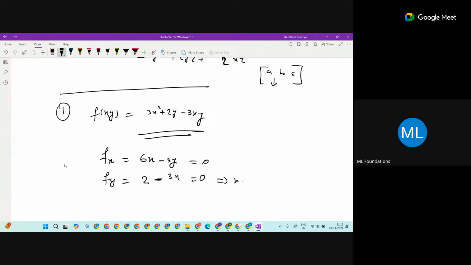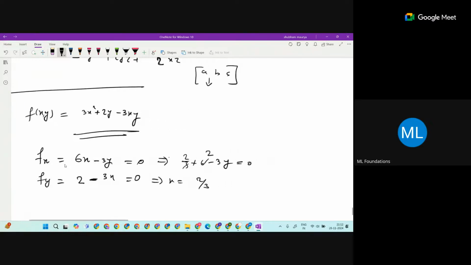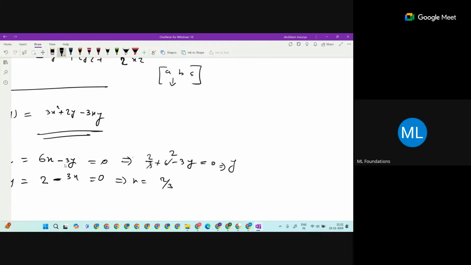This will give x equal to 2 by 3. And from here we can calculate: if you have 2 by 3, then 2 by 3 into 6 minus 3y equal to 0, which is 4 minus 3y equals 0, so y is going to be 4/3.